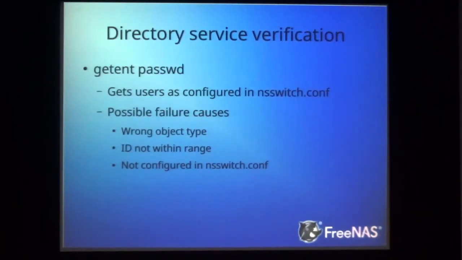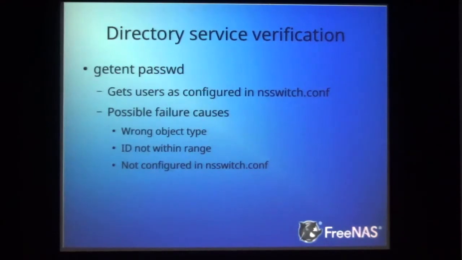So if they're not listed, some of the possible failures are the object type is wrong, or the ID range configured in Samba is wrong. People like to fiddle with settings that they probably shouldn't.